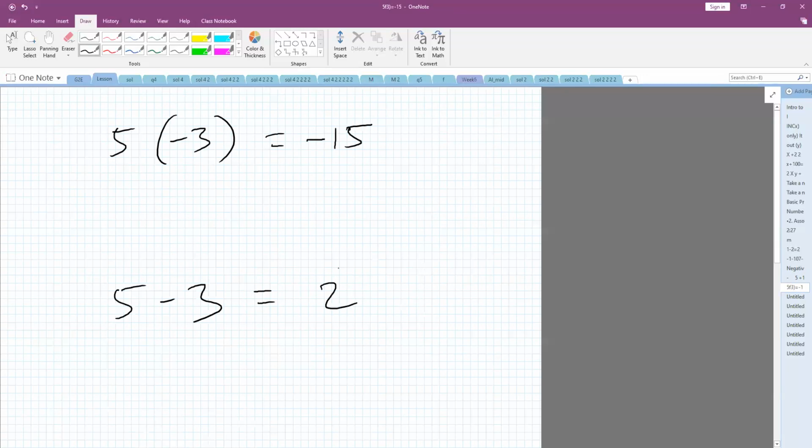Okay. Yeah, so sometimes when you see this for the first time, that creates a bit of confusion, because normally when you have multiplication which involves a negative number, you don't want to confuse it with the subtraction.